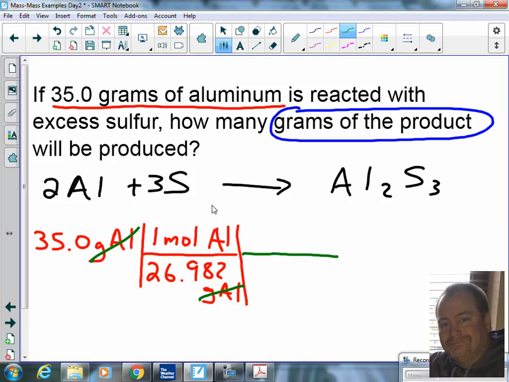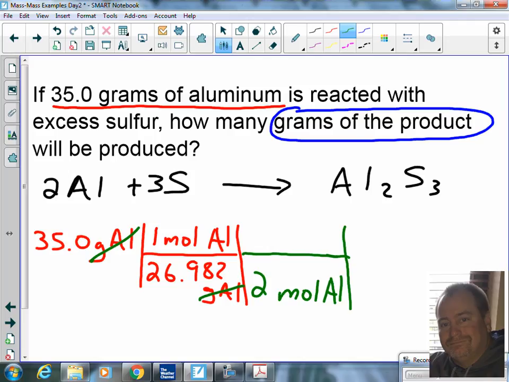What label do I want to cancel? Specifically, what of aluminum? Moles of aluminum. So I'm going to put that on the bottom. What is my number associated with moles of aluminum, Gabby? 2. What did I want to convert to?